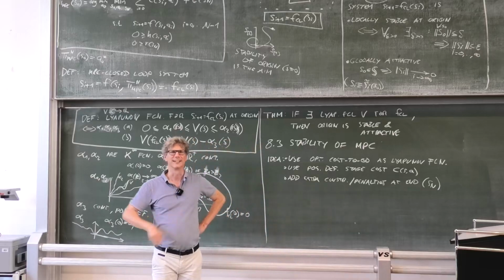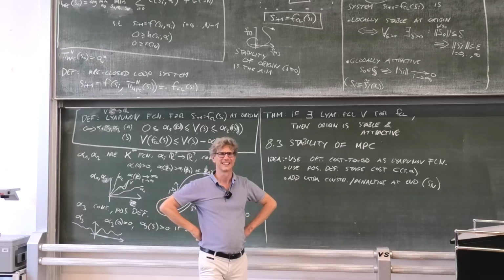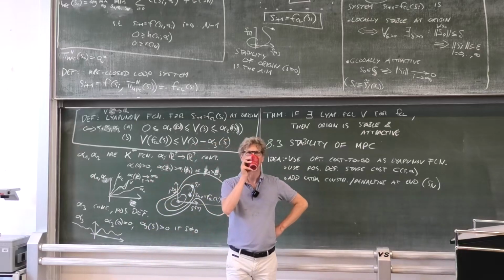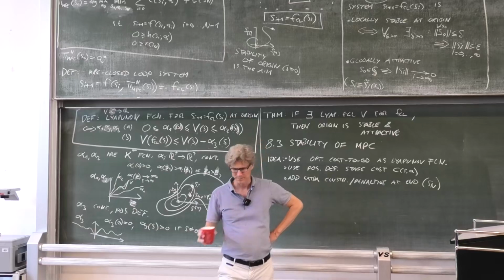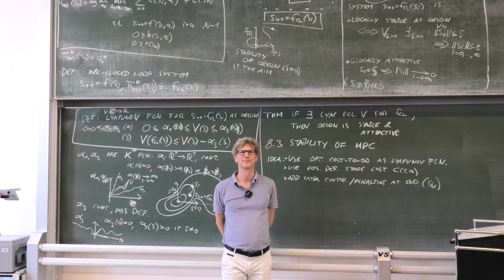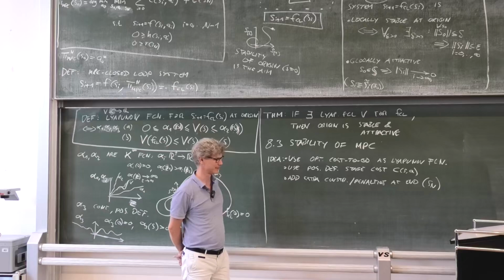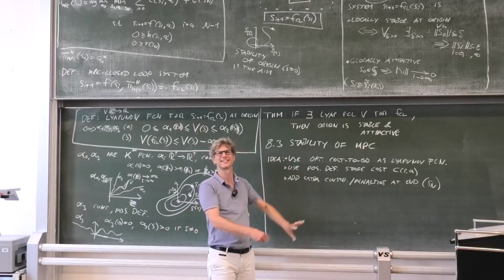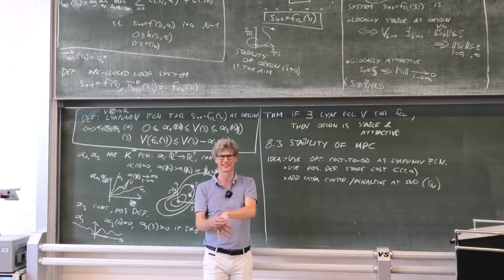Yes? So is this a recipe how to, if we start with an MPC, then we use these ideas to find an MPC that is stable? Or is it like, here is an MPC, is it stable or not? Yeah, so the question was, is this a recipe of how to construct the MPC, or is it a recipe of how to prove that an MPC is stable?